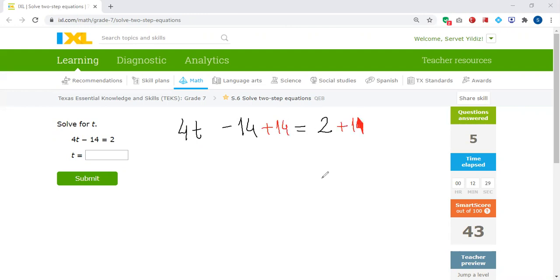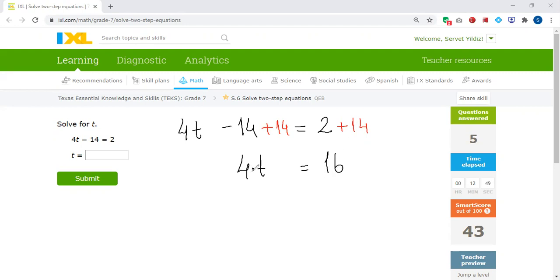I hope you already understood why I'm adding 14 to both sides. So negative and positive will be 0. On the left, I'm going to be left with 4t. And on the right, I'm going to be left with 16.